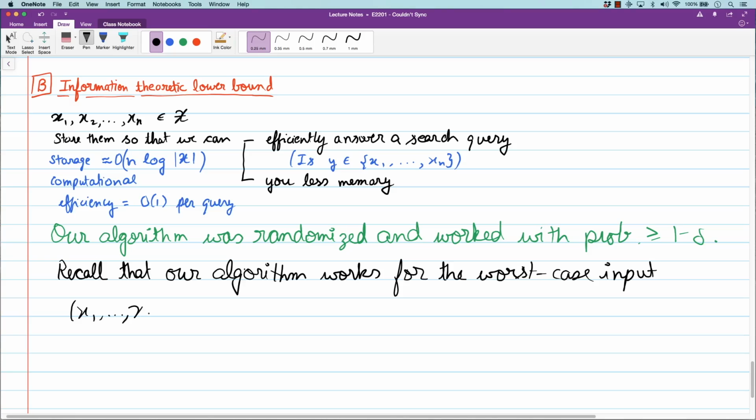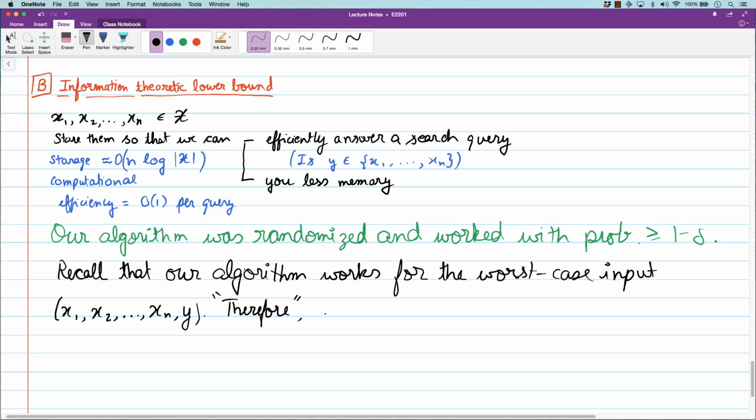What you have stored and what you are querying. And we made no assumption about it. It works for the worst case input x1 to xn and query y. Therefore, and I'm just saying it without much proof, and these things are covered in randomized algorithms, what I'm writing is sometimes called Yao's min-max theorem, but you can convince yourself it's true.